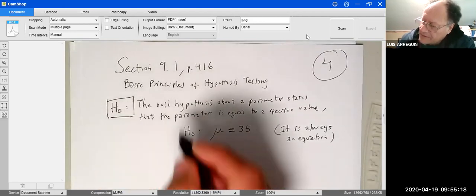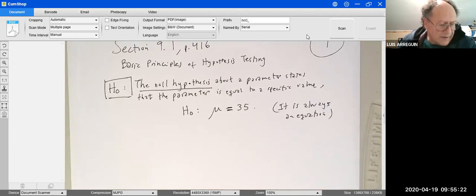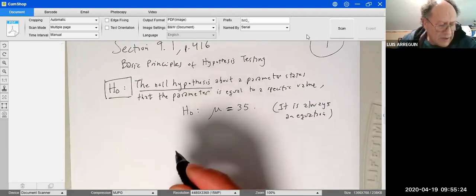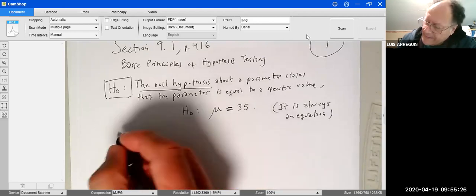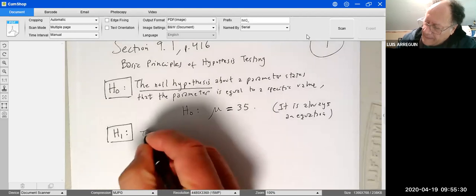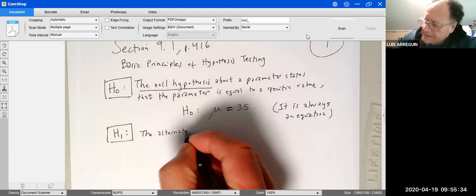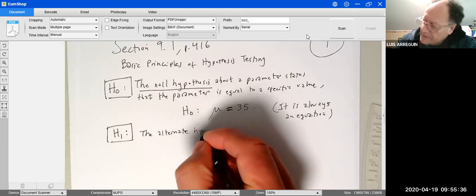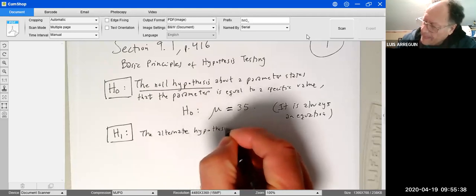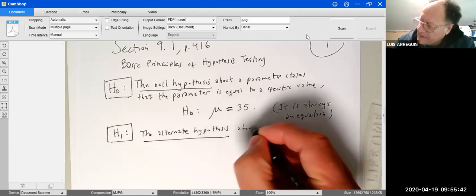In other words, it only contains the equal sign for the null hypothesis. Now, the alternative hypothesis or alternate hypothesis is H1. It says that the alternative hypothesis about a parameter. Everything is about parameters.